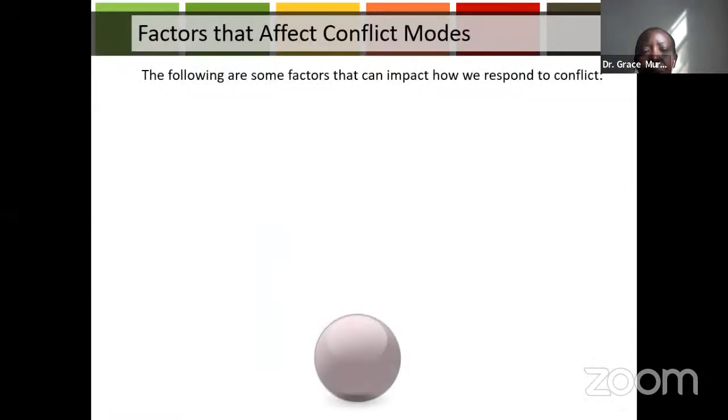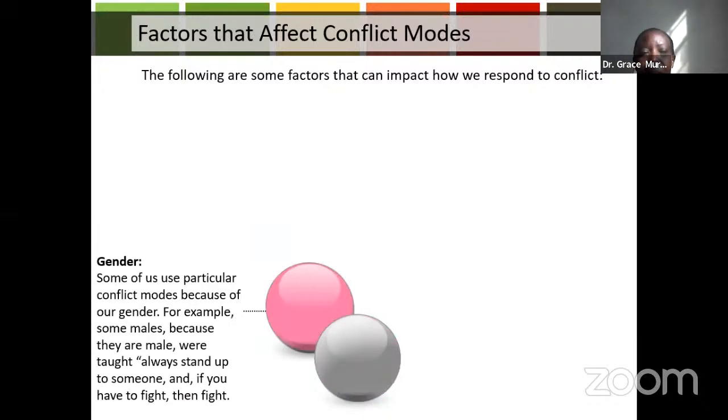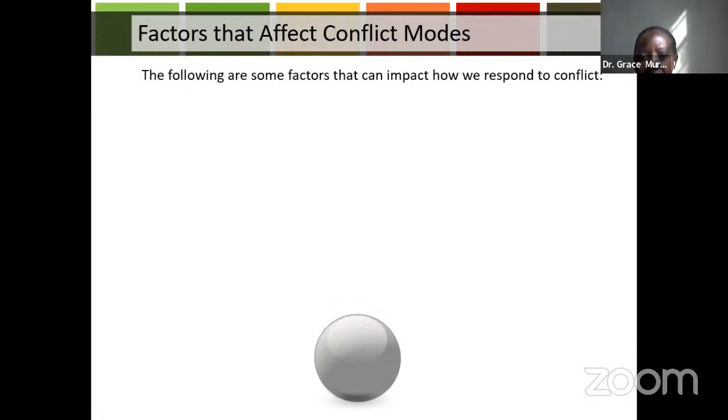So now let's look together at some of the factors that could affect how we respond to conflict. I think we can put gender there, but let's discuss a bit. What could affect our way of responding to conflict?